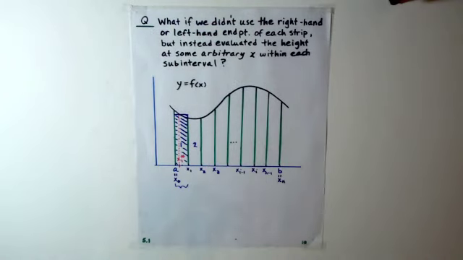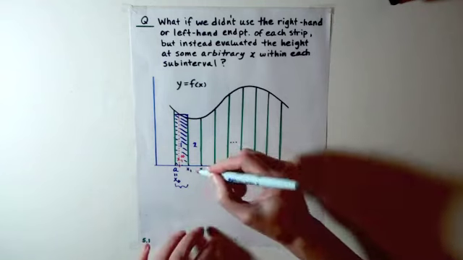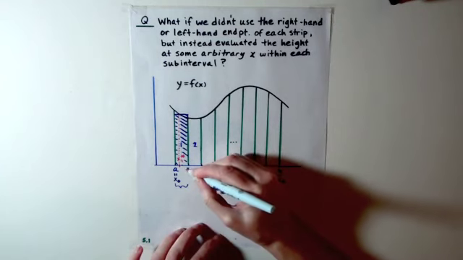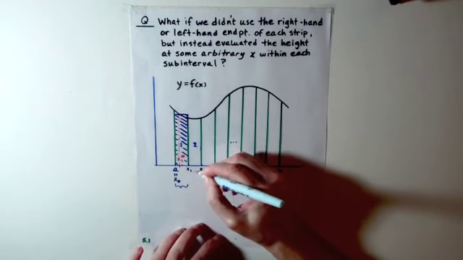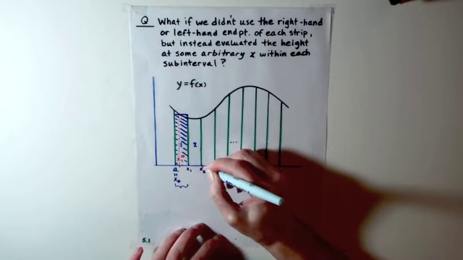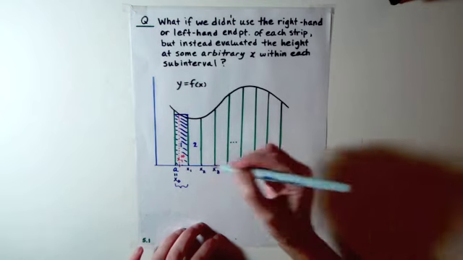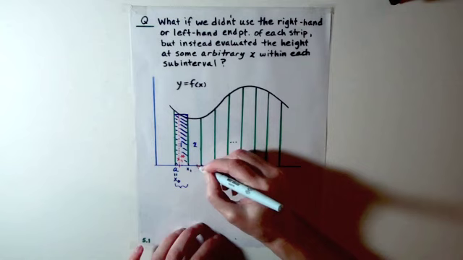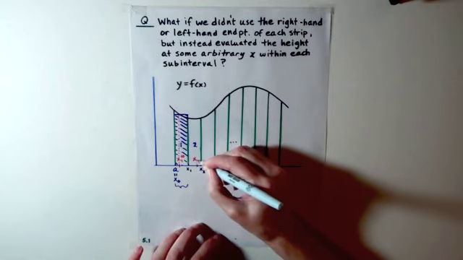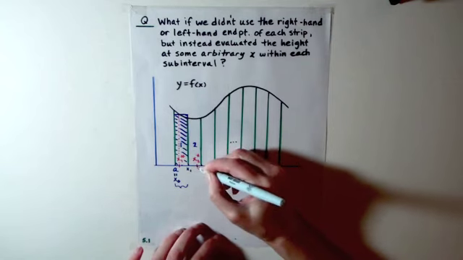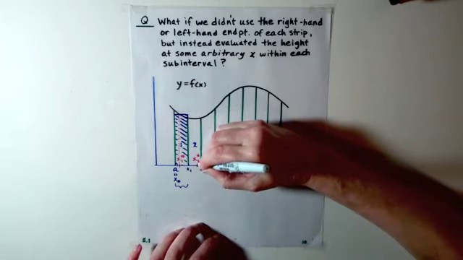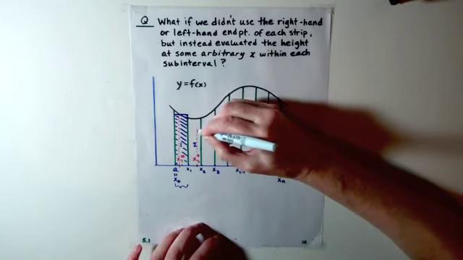Well, we do this in each rectangle. So now I'm going to go to the second strip, and I'm just going to choose some x value between x1 and x2. It could be x1, x2, or any number in between, an arbitrary x value, and I'm going to call it x2 star. And I just chose this value at random, but you could choose any one that you want to.